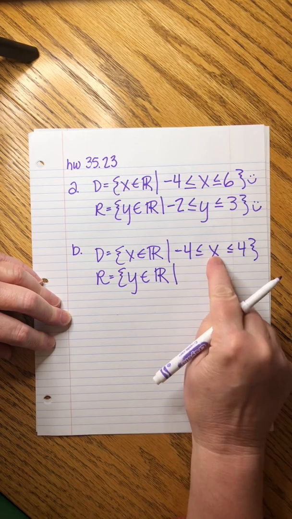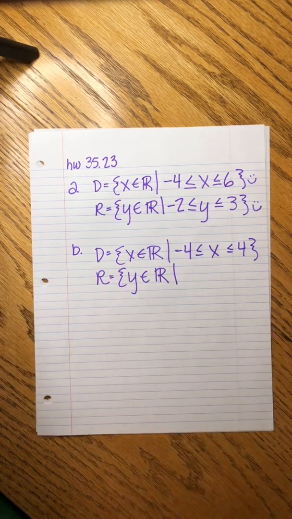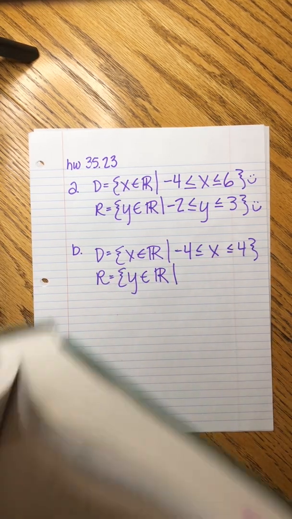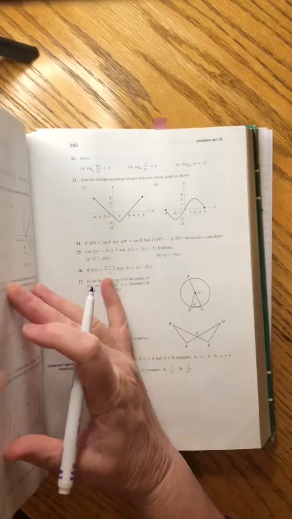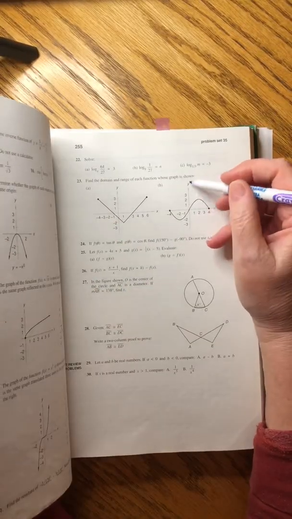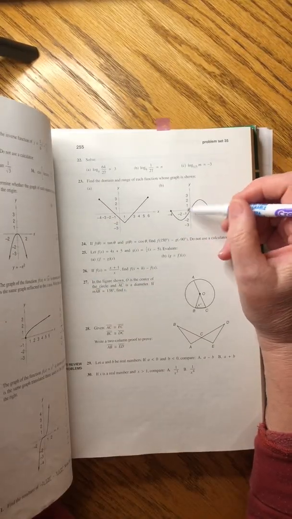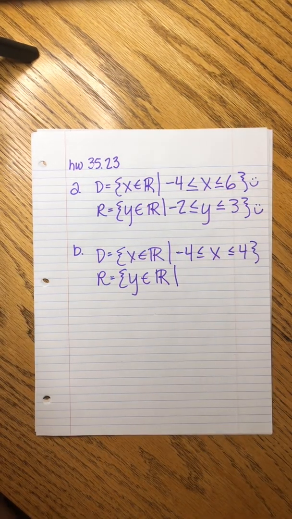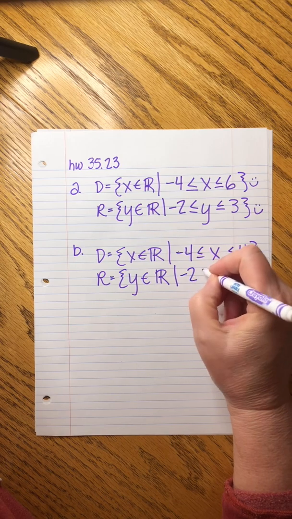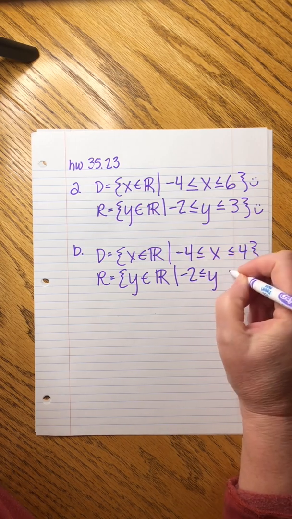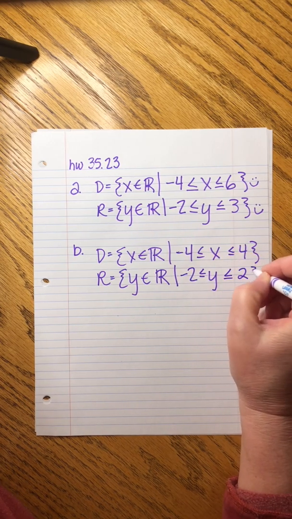And remember, x associates with domain, so we got that in the right place. And now we're looking for the range, so we look at the y-axis. And again, we just look at what's the highest and the lowest. The lowest is -2, highest is +2. -2 is less than or equal to y is less than or equal to +2.